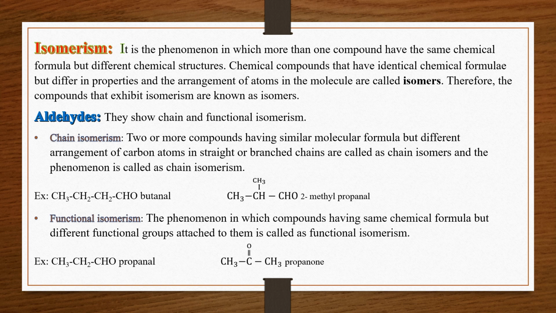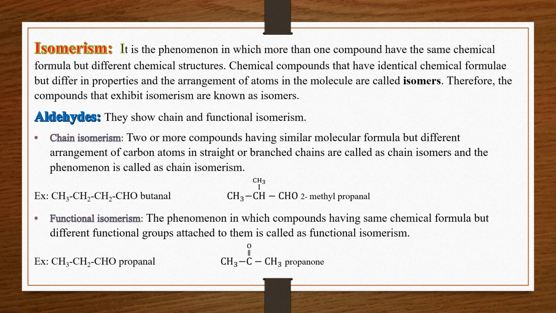It is classified into two types, structural and stereoisomerism. Under structural isomerism, again, there are various types like chain, functional, positional, metamerism, etc. But aldehydes exhibit chain isomerism and functional isomerism.